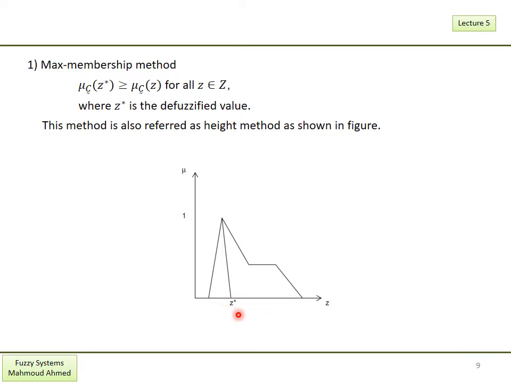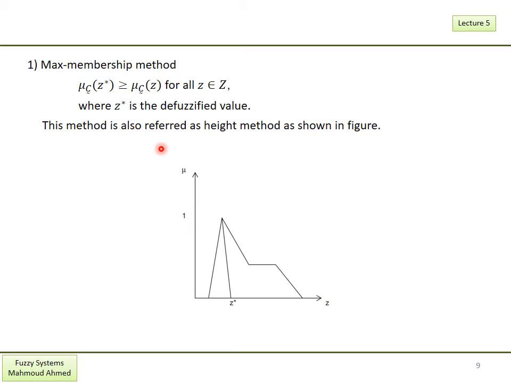So z star simply represents the defuzzified value of this membership function. So what happens here? We directly obtain the defuzzified value z star from having the maximum value or the maximum amplitude of this fuzzy membership function. The maximum here is at 1, so this represents this point here, and we simply project this point on the z-axis. We obtain directly z star, which represents in this case the defuzzified value.